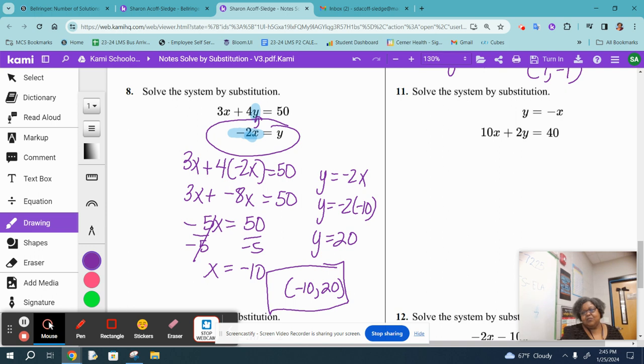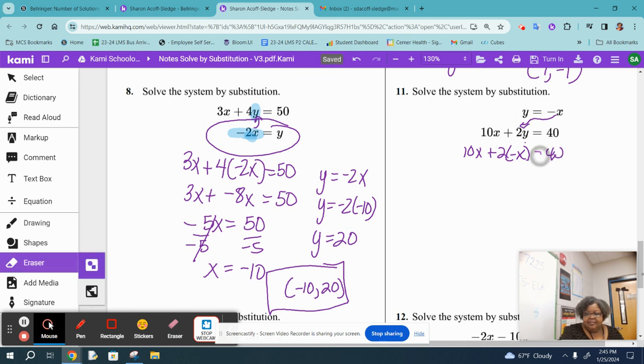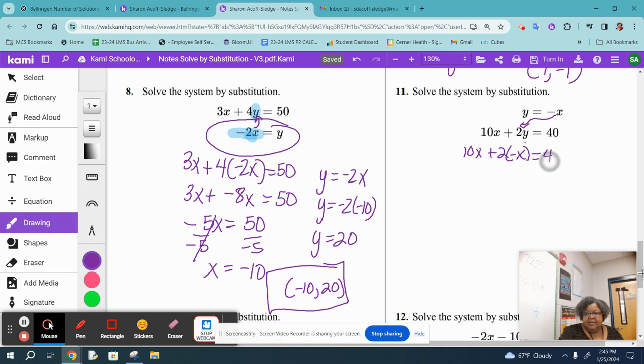Okay, now this one says y equals negative x. So where I have that y, I'm going to put that negative x. So I have 10x plus 2 times y, and that's equal to 40. 10x, 2 times negative x is minus 2x.